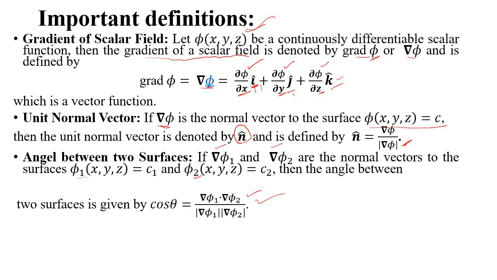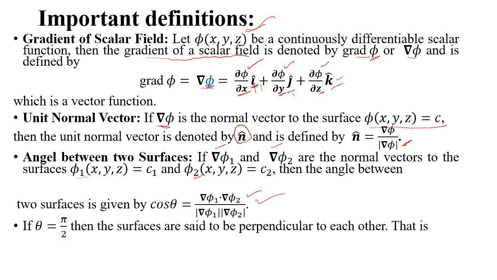Now what happens if del phi 1 dot del phi 2 is equal to 0? Then we call the two surfaces orthogonal to each other. When theta is equal to pi by 2, cos pi by 2 reduces to 0. That gives del phi 1 dot del phi 2 equal to 0. So the angle is pi by 2, which means the two surfaces are perpendicular to each other.